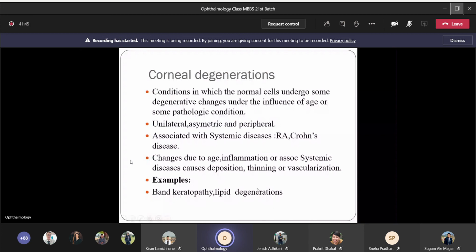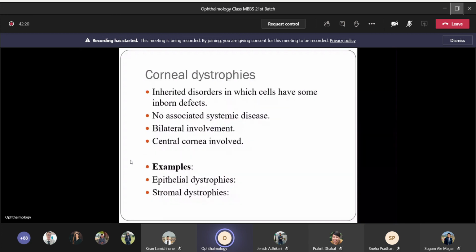So you have to remember that corneal degenerations are unilateral, asymmetric, and occur in the periphery of the cornea, associated with systemic diseases, age and inflammation. An example is the lipid degeneration in the periphery of the cornea, which is known as arcus senilis.